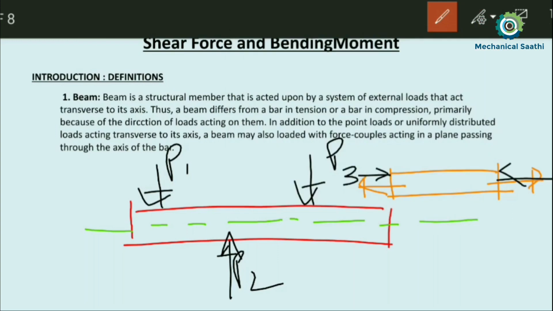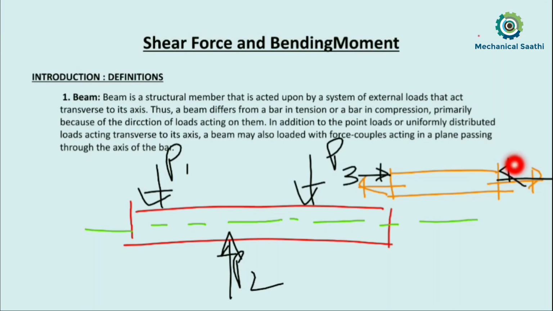The forces I have shown by the black line can be called compressive forces, so our bar is under compression. Likewise, for the forces I have drawn with this color, we can say our bar is under tension.